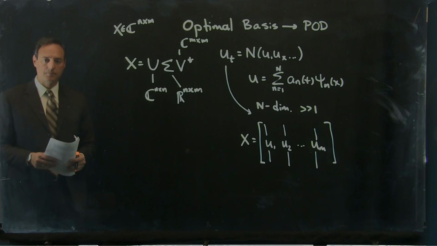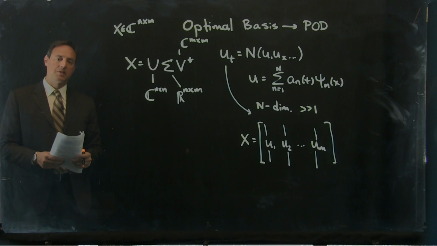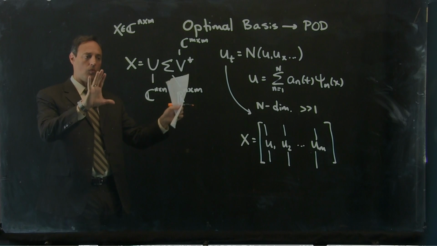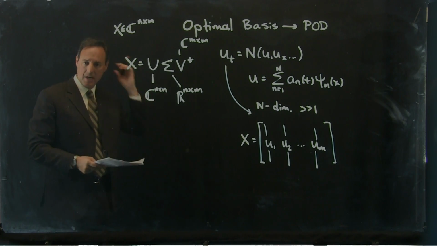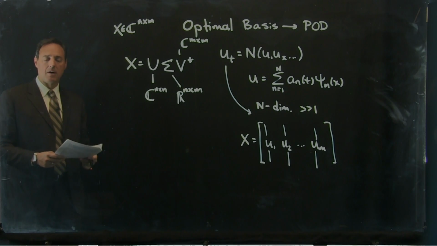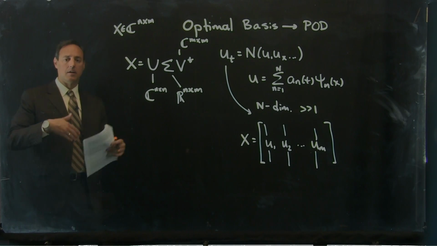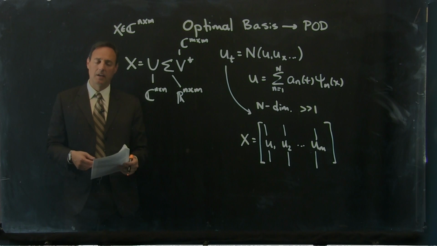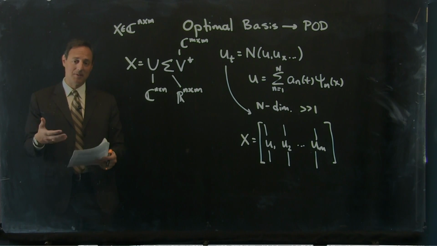Okay? So I get these matrices coming out of this, and you can look at the singular value decomposition lectures, and you'll see that I've talked a lot about what comes out of this. We've talked a lot about not only the full SVD, but the reduced SVD, and also things like economy SVD.